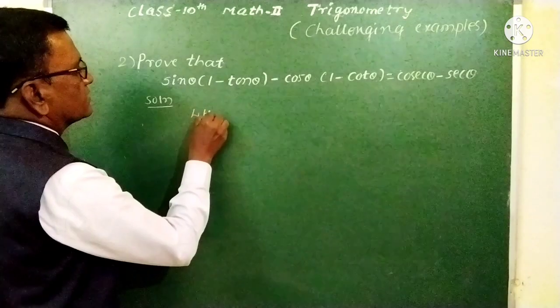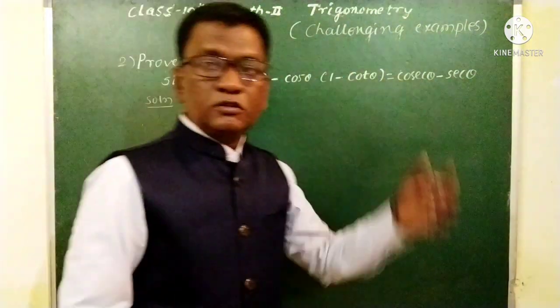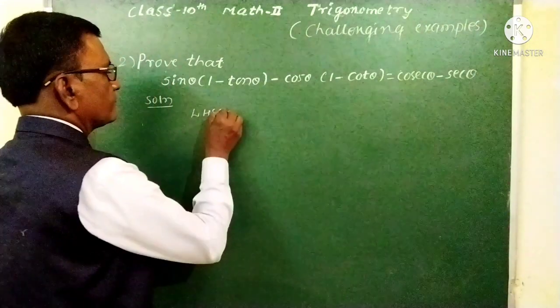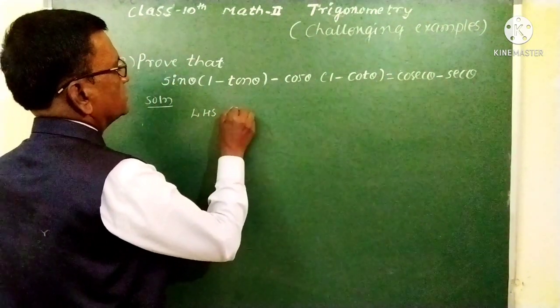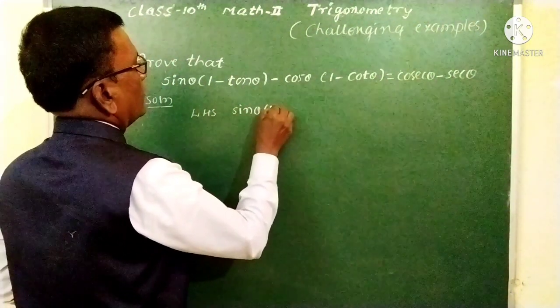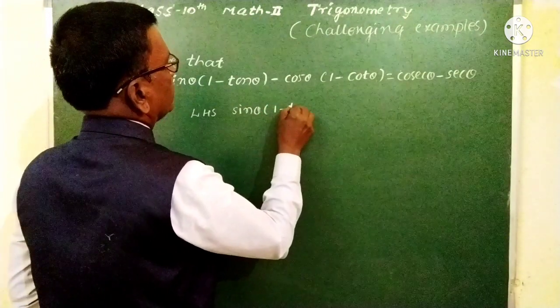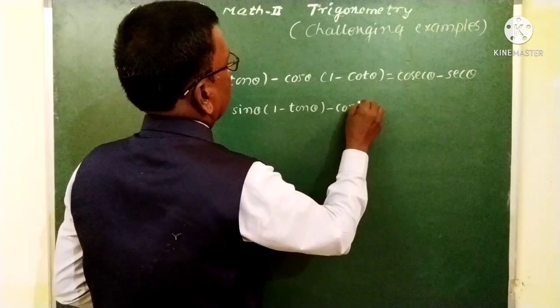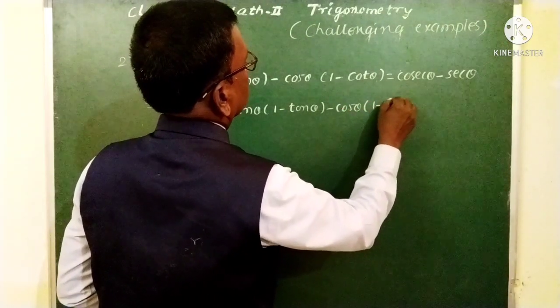Take LHS and prove it is equal to RHS. What is LHS? Sin theta into 1 minus tan theta minus cos theta into 1 minus cot theta.